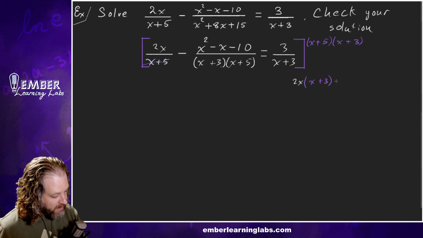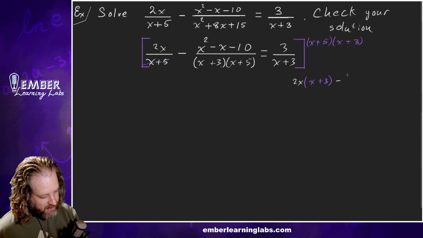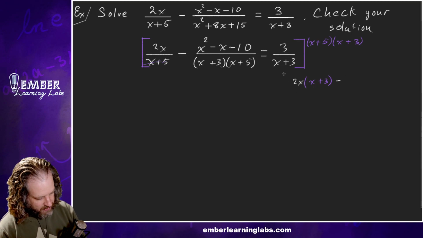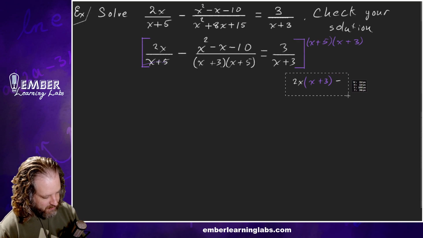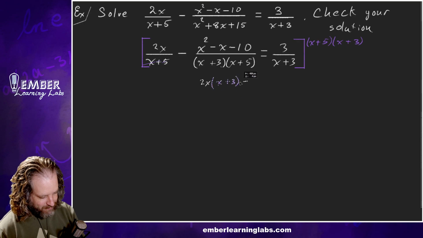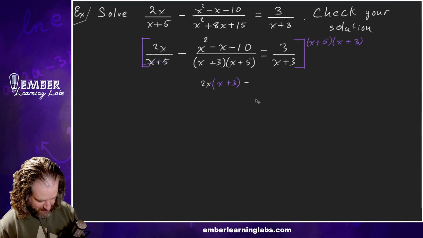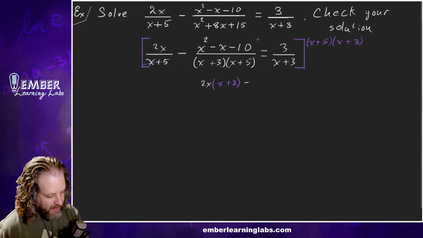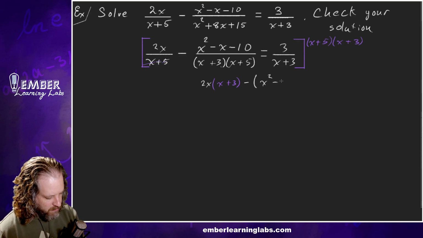And then minus, and then all of this mess. I think I got overly ambitious. Maybe I'll just move a lot over and then move it over once I have it in a good place. Minus all of this mess, x squared minus x.